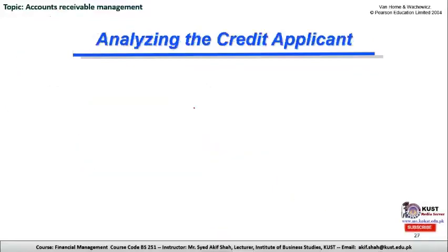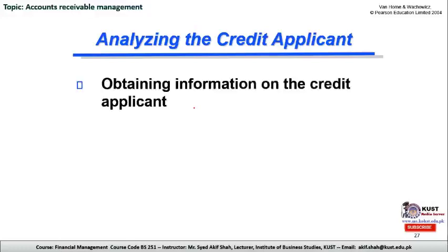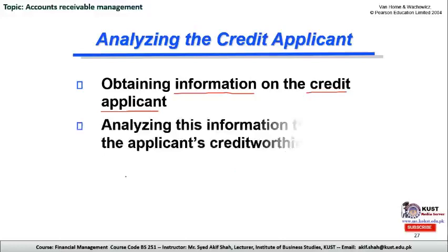Analyzing the credit applicant. Let's see how a company can analyze or check the credit worthiness of a particular credit customer when they are approaching our company. So we have to obtain the information on the credit applicant, like usual information, their name, their other particulars, as well as from whom they were purchasing in the past. Secondly, analyze this information to determine the applicant's credit worthiness.